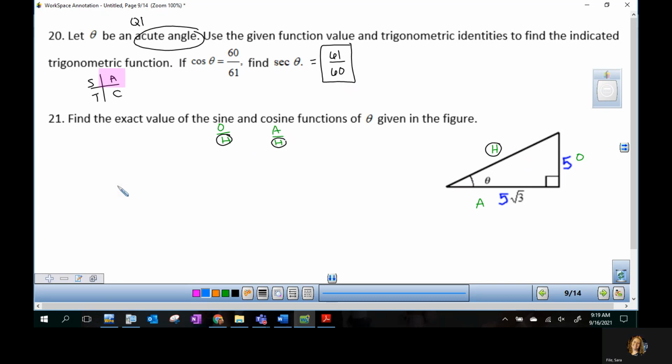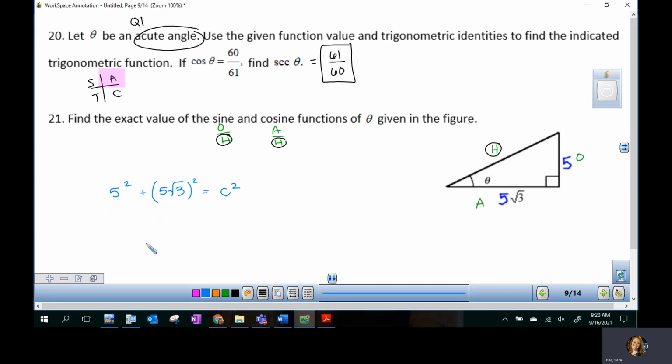Pythagorean theorem. Okay, so the legs are 5 squared and 5 root 3 squared. This is where this one's going to be tricky and mess some people up. This is all to be squared, not just the square root of 3 gets squared. The whole term gets squared.